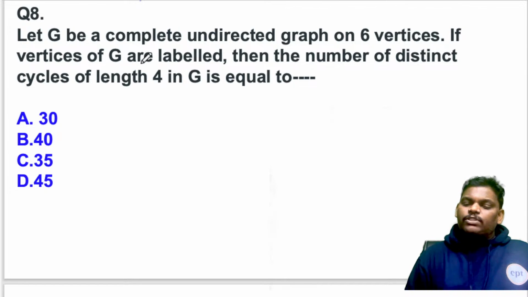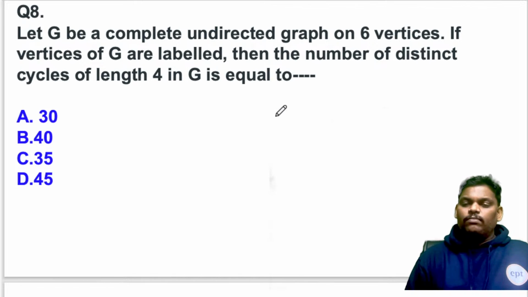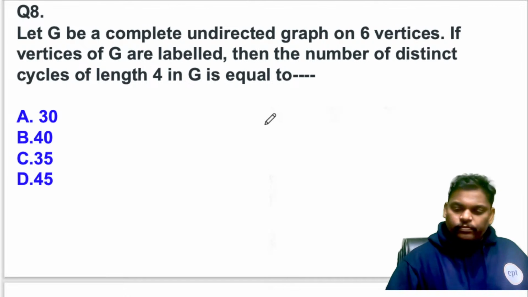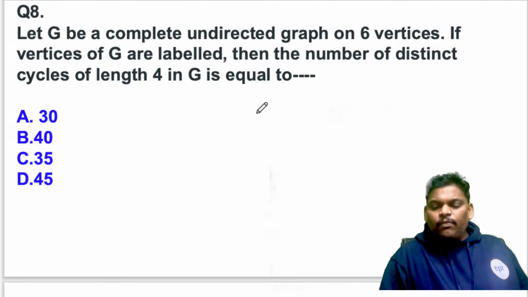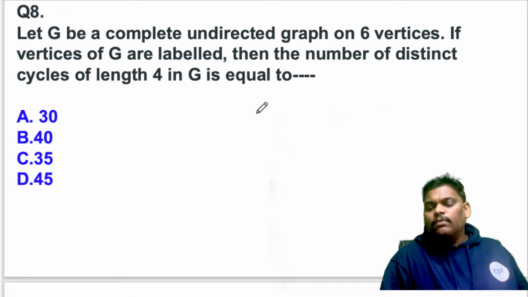If vertices of G are labeled, then the number of distinct cycles of length 4 in G is equal to.